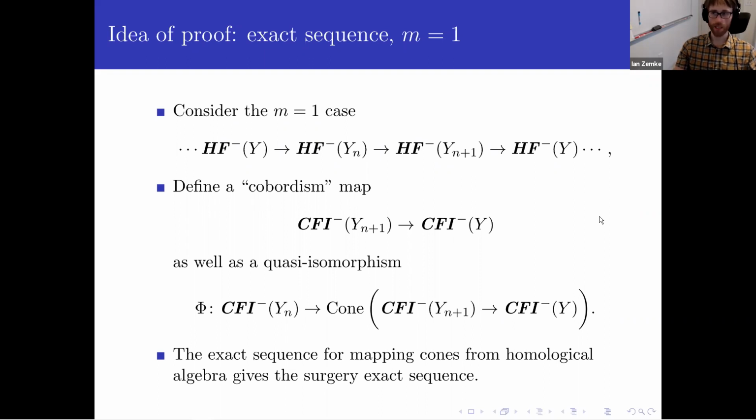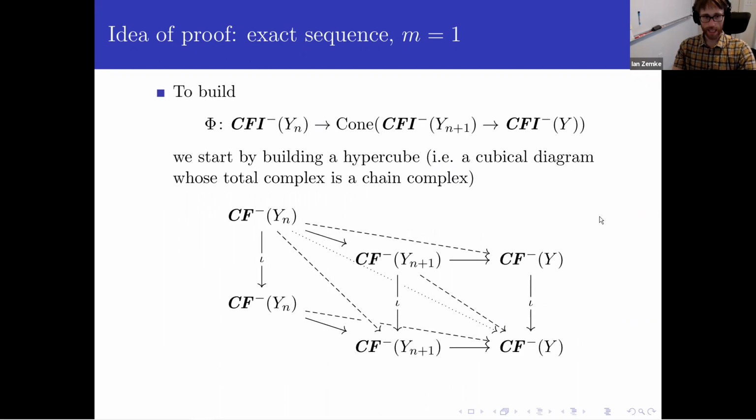So basically, you actually want to define a map from this guy to the cone. And kind of the idea to do that is you build a diagram like this, called a hypercube of chain complexes.